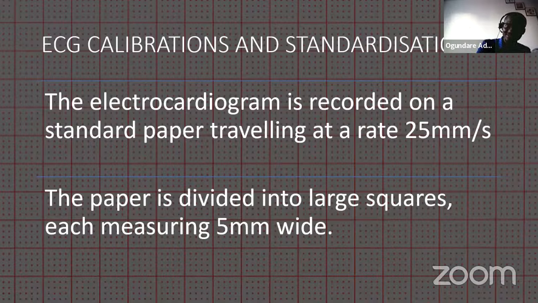The implication is, for example, when you are trying to do your measurements and you see what I've got on the screen now, a particular wave that starts from the beginning of a large box and ends somewhere in the middle here, you can gauge the distance.